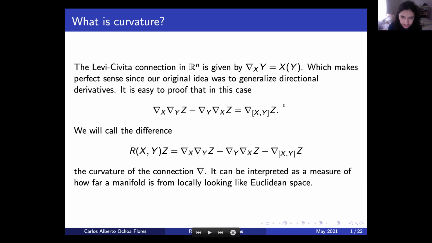And this identity can be seen to be equivalent to saying that parallel vector fields exist: you take a point and a vector, and then thanks to this in Rn, you can extend that vector parallelly throughout an open set.